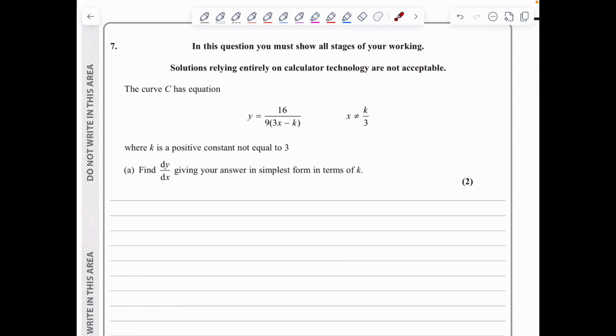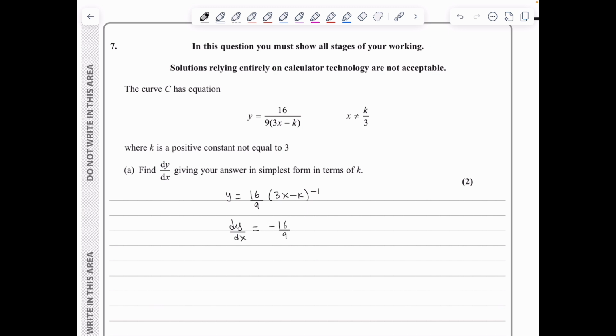In question 7, we've got the curve C with equation y equals 16 over 9 times 3x minus k, and we need to find dy/dx in its simplest form. I will start by writing y as 16 over 9 times (3x minus k) to the power of negative 1. So for dy/dx, we bring down the power of negative 1, so it's going to be minus 16 over 9.